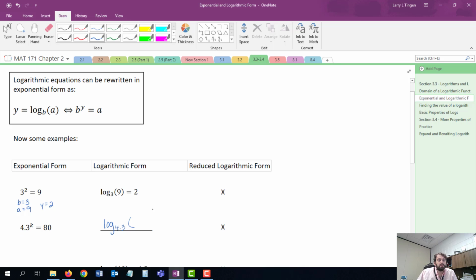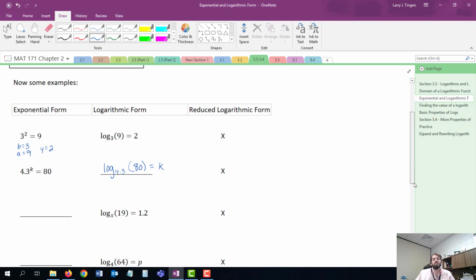Well, the 80, because it's on the other side of the equal sign by itself. And then that equals what? Log base 4.3 of 80 means what power do I raise 4.3 to get 80? The power is y, so y goes to the other side of the equal sign. Practice on this is what it's going to take.